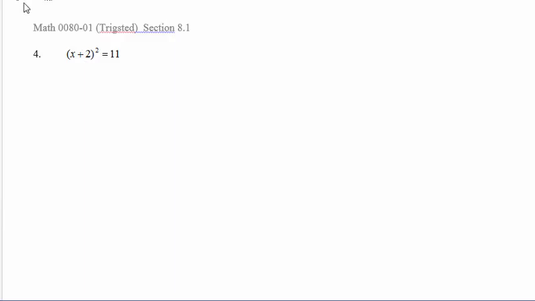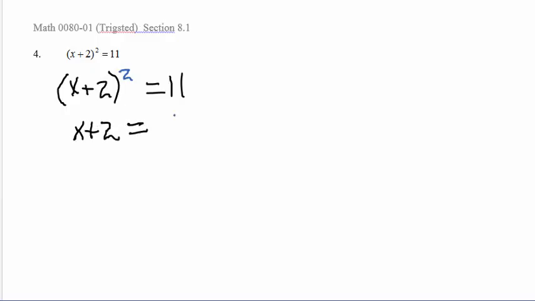So I'm ready right off the bat to apply the square root property. So I have the square of x plus 2 equals 11. And notice that means x plus 2 equals plus or minus the square root applied to 11.